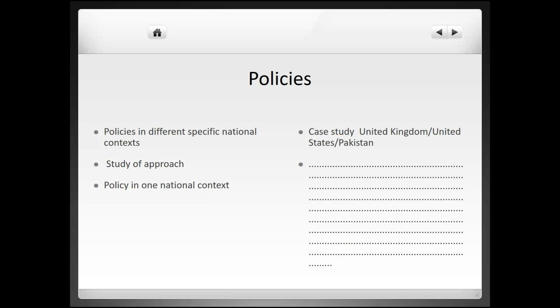These are all healthcare policies. So if you look at the UK, all these that I've mentioned are policies geared towards improving the health of the population.